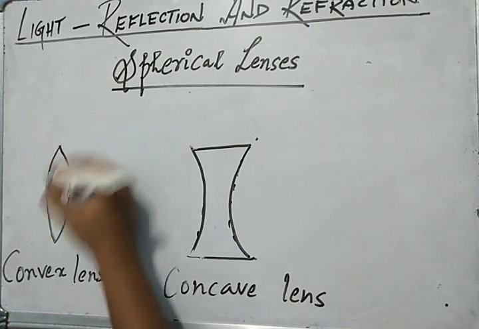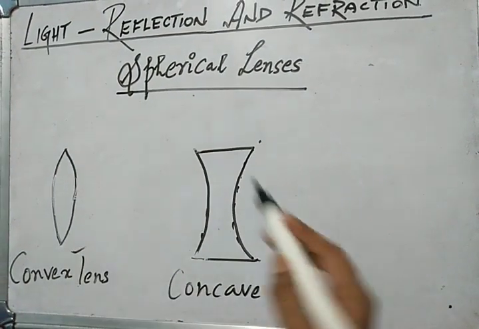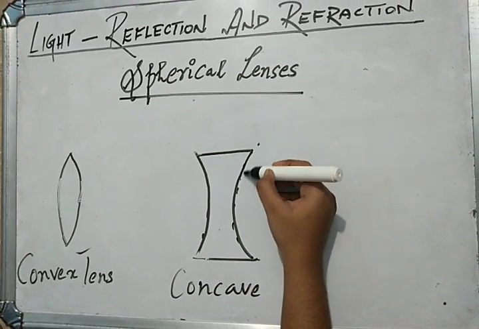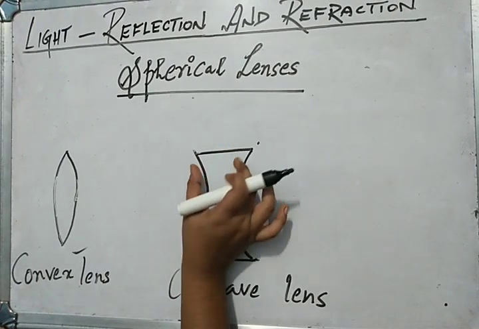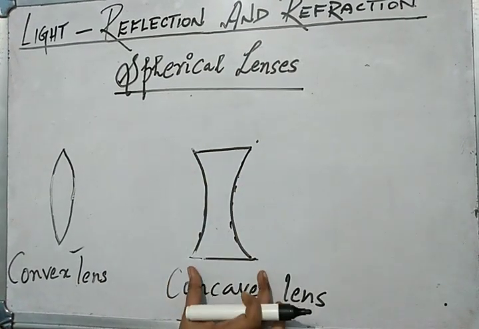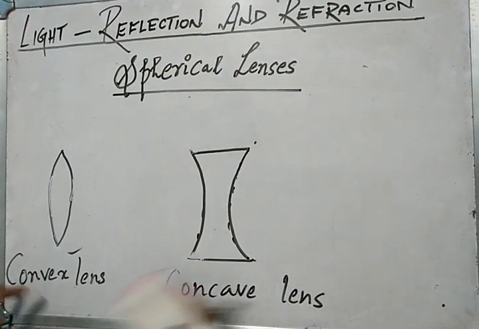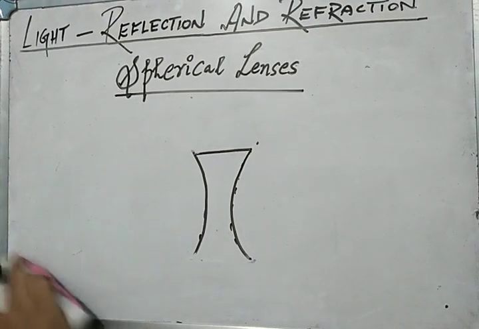In case of a concave lens, it is thinner in the middle part and slowly becomes thicker at the ends. So this was about convex and concave lenses, or converging and diverging lenses.